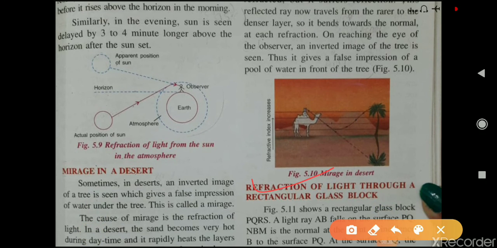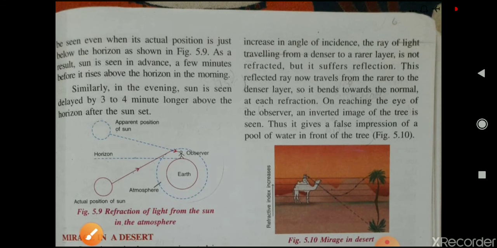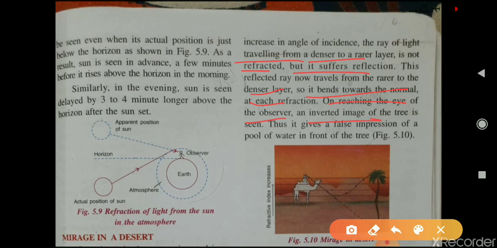Okay, in this picture, the tree appears to be inverted. On further increase in the angle of incidence, the ray of light traveling from a denser to a rarer medium is not refracted, but suffers total internal reflection, and these reflected rays now travel from a rarer to a denser medium, so they bend towards the normal at each refraction. On reaching the eyes of the observer, an inverted image of the tree is seen, and it gives a false impression of a pool of water in front of the tree.